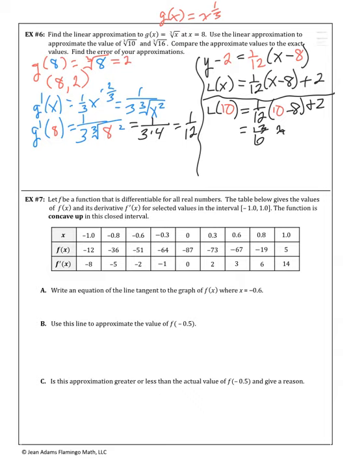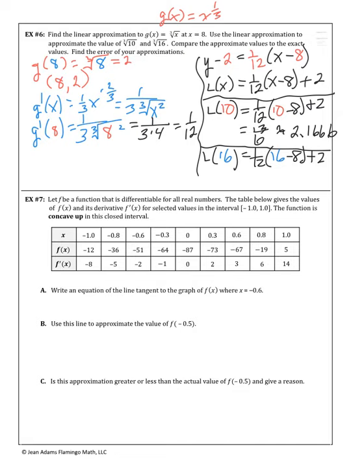13/6 is approximately equal to, decimal wise, 2.1666. Okay, so there's L of 10, and then L of 16. We'll find those exact values in a minute. L of 16 is equal to 1/12 times 16 minus 8, plus 2.